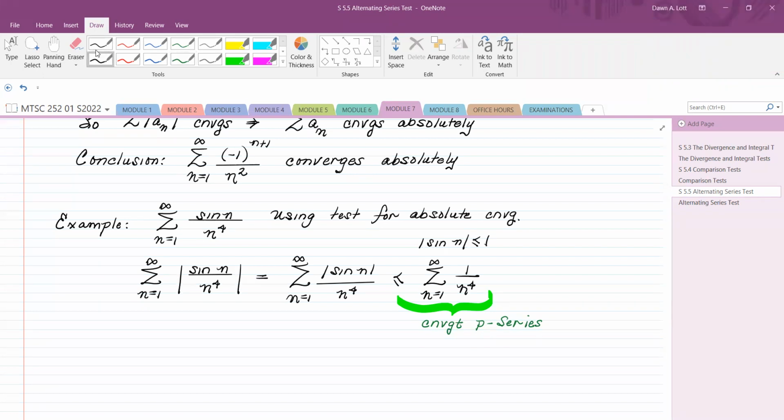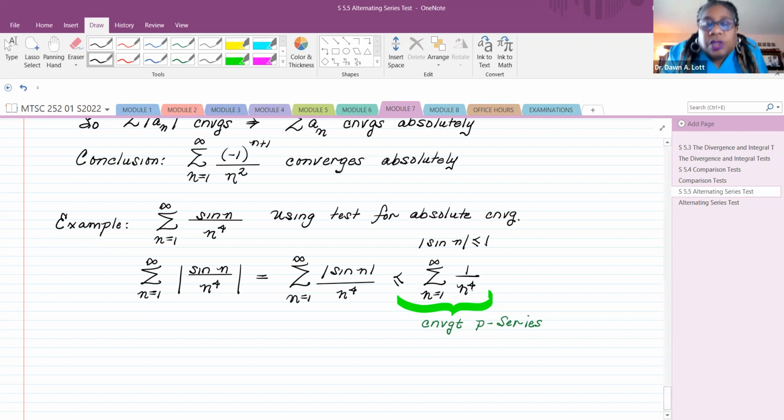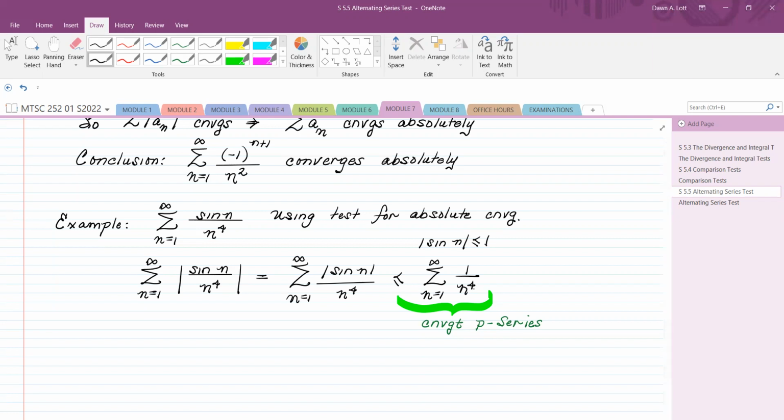Is it a harmonic series? Oh no, this is not a harmonic series because I have n to the fourth. Okay. Thank you, Victor, for responding, because I know that people need to understand that it's not a harmonic series unless it's just 1 over n.